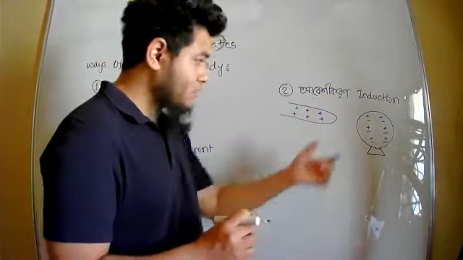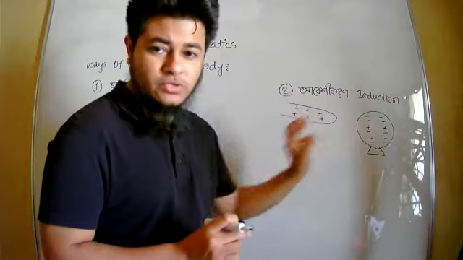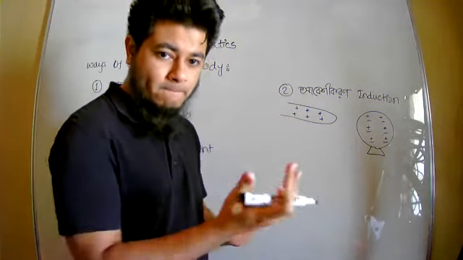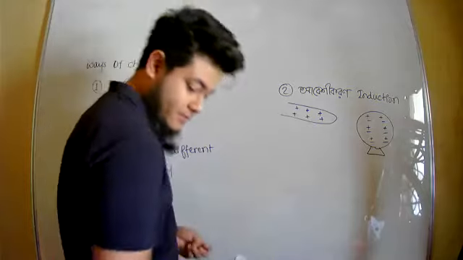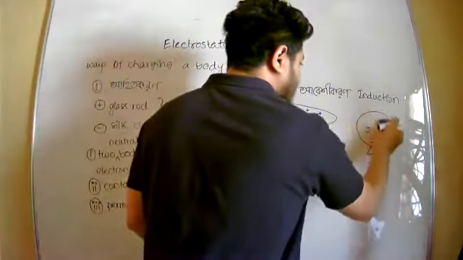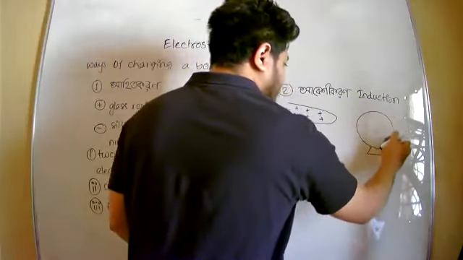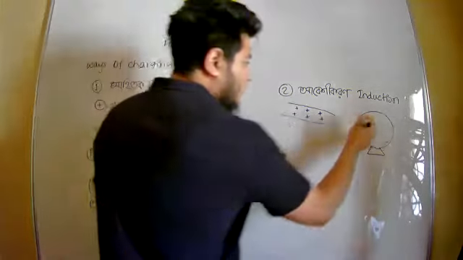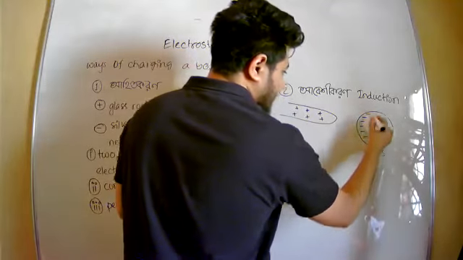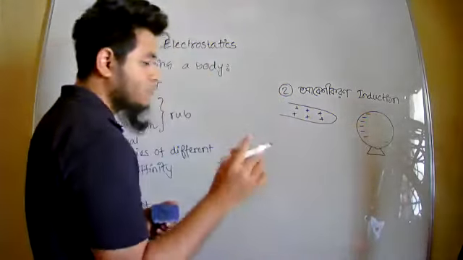Can anybody tell me what will happen when I bring this object closer to this body? The negative charge will attract towards the positive. Yeah, right. The negative charges will be attracted by the positive charges of this body. So the negative charges will be accumulated here. Did you notice something?